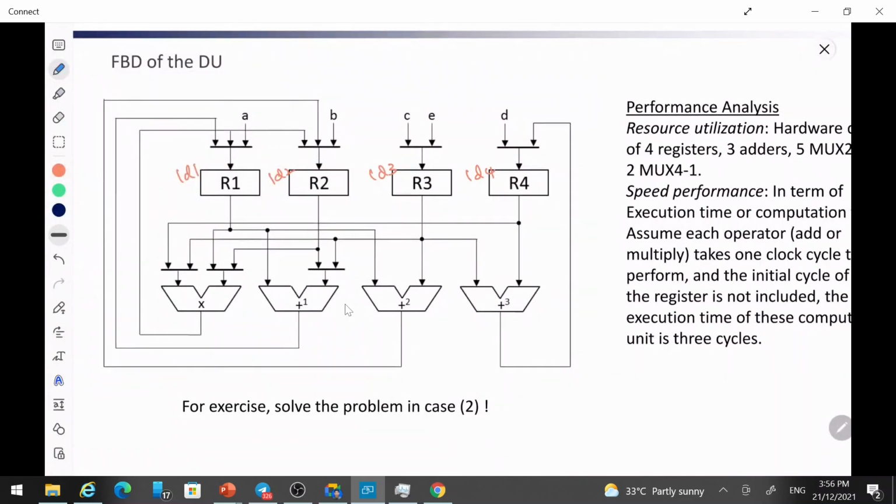And for the multiplexer, you need a control signal, right? So the control signal for this, let's name it as SEL R1, and this is 2-bit, because you have a 4-to-1 multiplexer. Name this one as SEL R2, 2-bit also. This is SEL R3, 1-bit, because this is a 2-to-1 multiplexer. SEL R4 for this one.